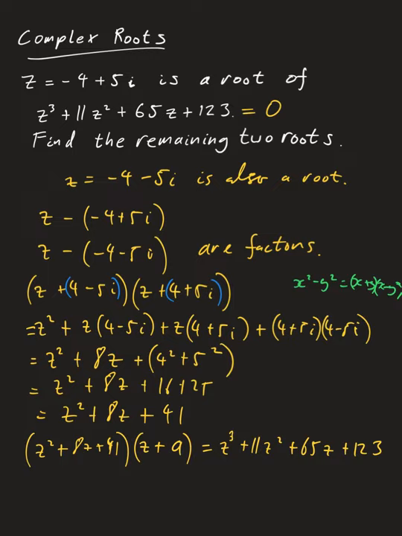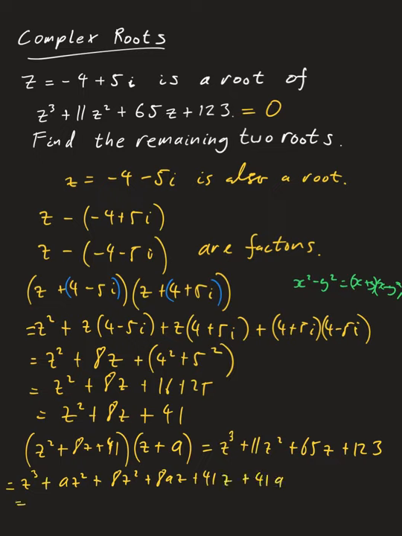Here we go. Now what I need to do is multiply out that left hand side and collect up the terms for each power of z, and then compare them on the left and right. So that thing on the left there is equal to z cubed plus az squared plus 8z squared plus 8az plus 41z plus 41a.